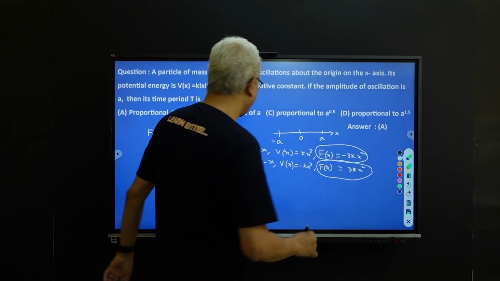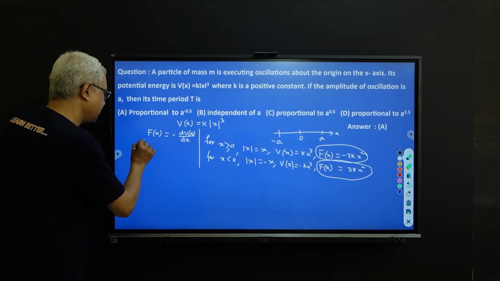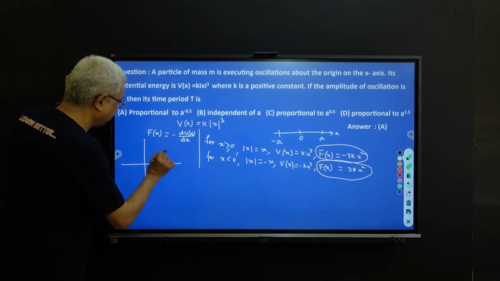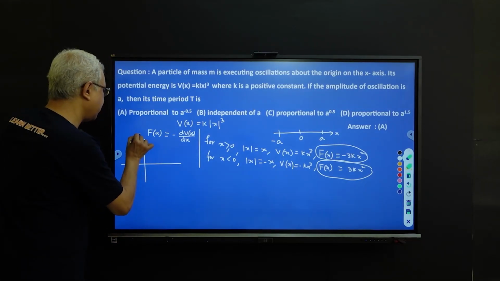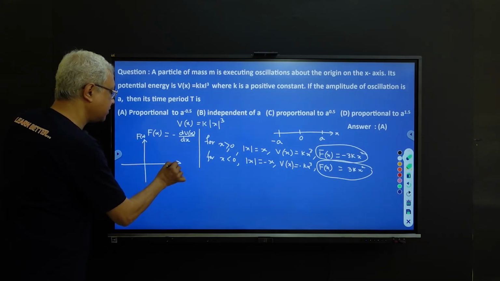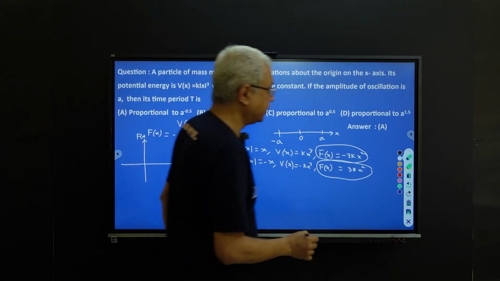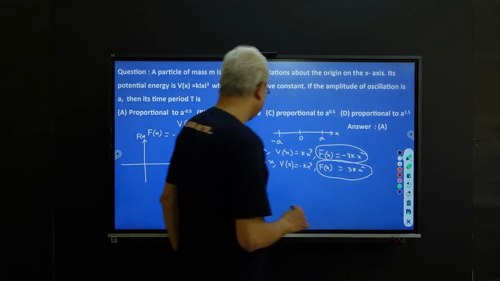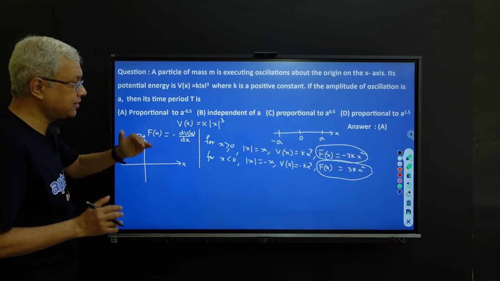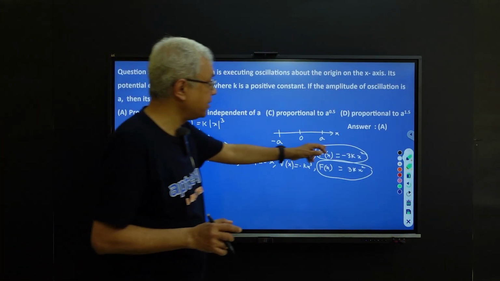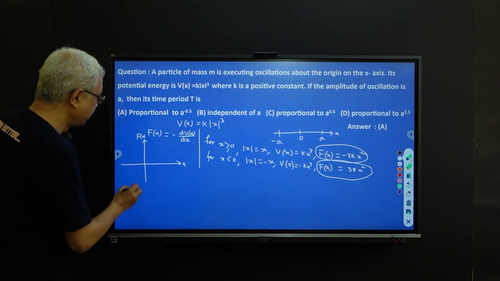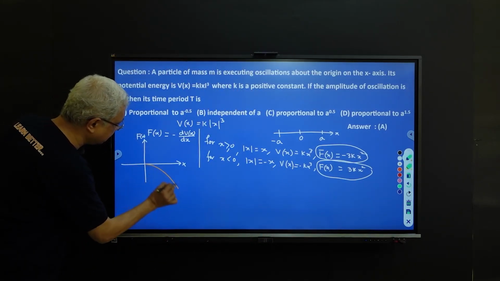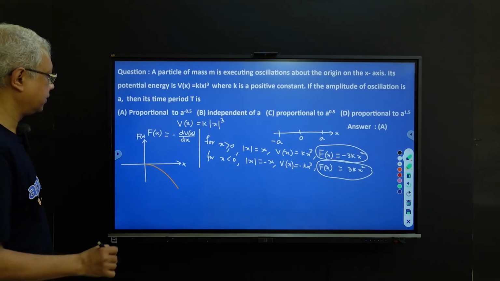So how the force looks like if I draw the graph, plot Fx versus x. Okay, so when x is greater than 0, Fx is minus 3k x square. So it will be like this parabolic shape.